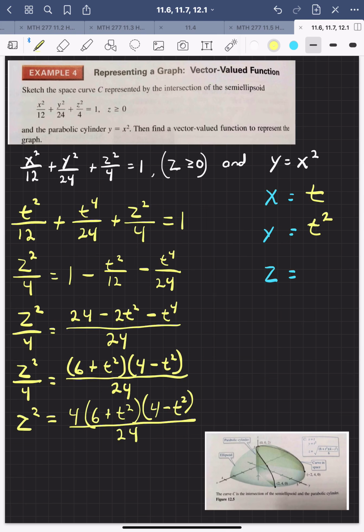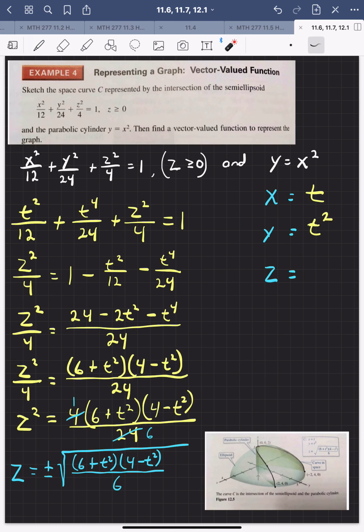All right, and 4 goes into 4 once, 4 goes into 24 6 times. So nothing left to do except take the square root of both sides. So z is equal to plus or minus the square root of 6 plus t squared times 4 minus t squared over 6.